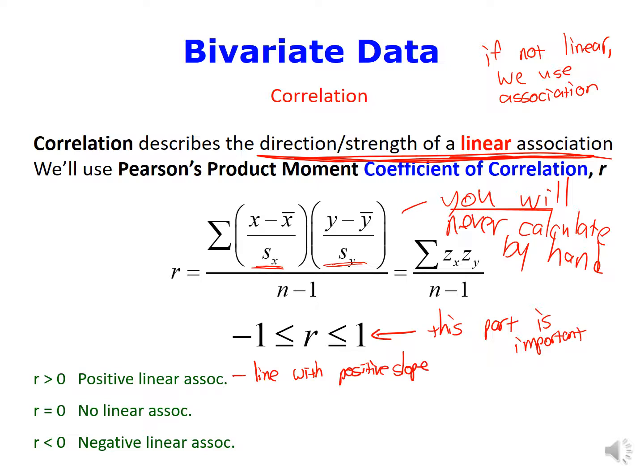If r is 0, we have no linear association. Now, it does mean no linear association. Here's a great plot where r is going to be 0. You would get r equals 0, but that definitely has a strong association in some other way, right? And if r is negative, then you have a negative slope.